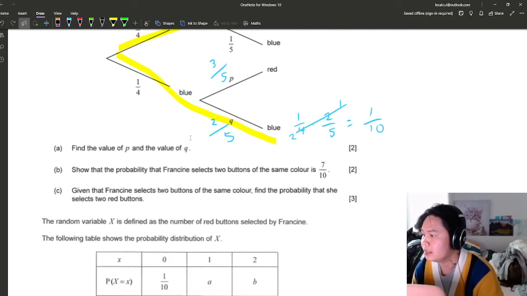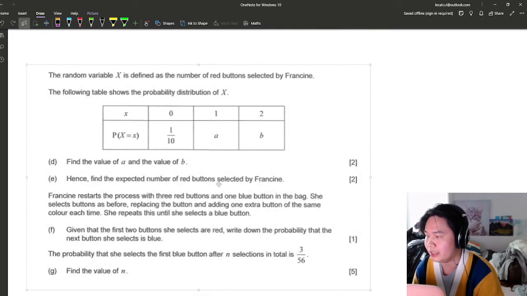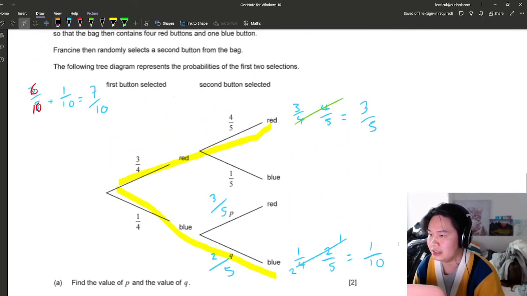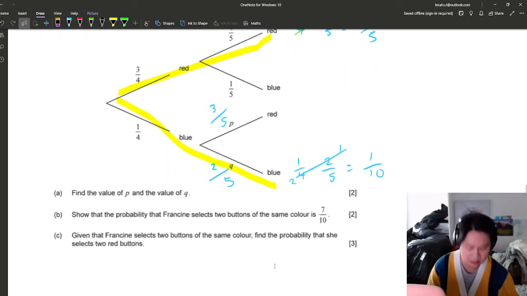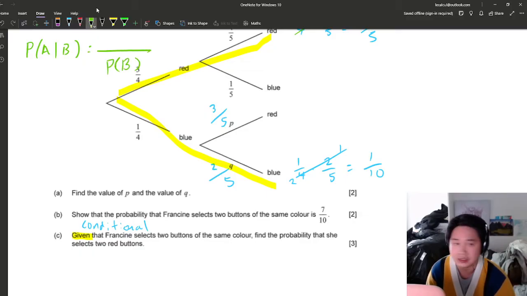Okay. Given that Francine selects 2 buttons of the same color, find the probability that she selects 2 red ones. It says given, which is immediately a hint that this is conditional. There is a formula, right? The probability of A happening given event B has happened is the probability of event B underneath.